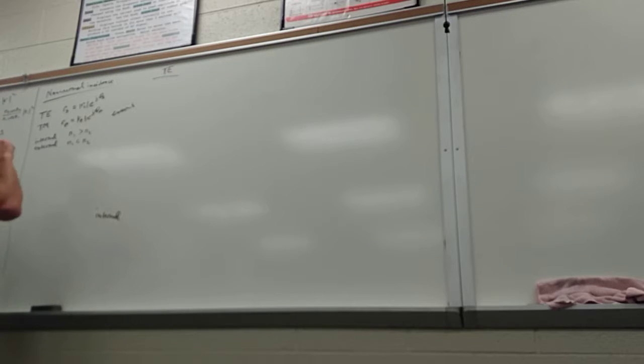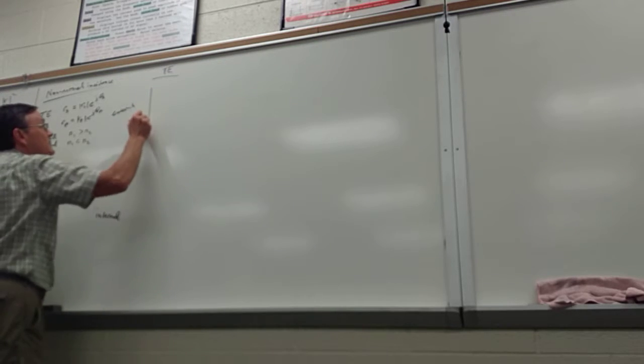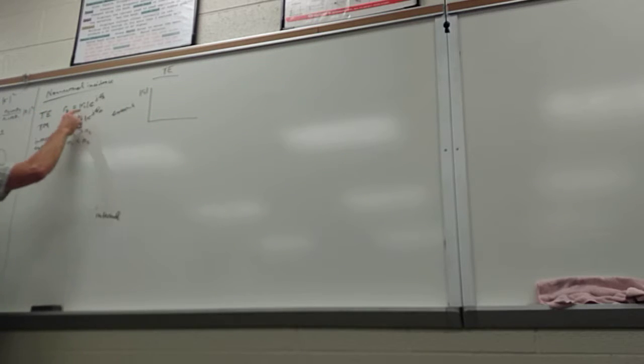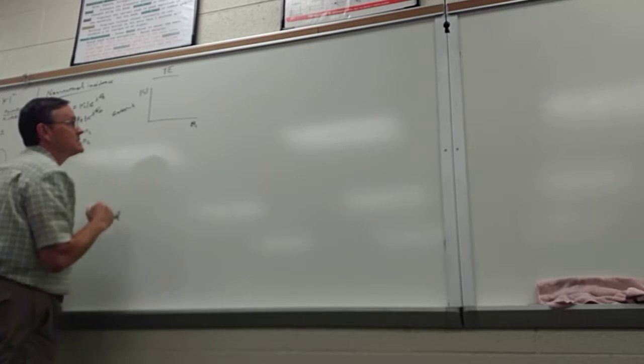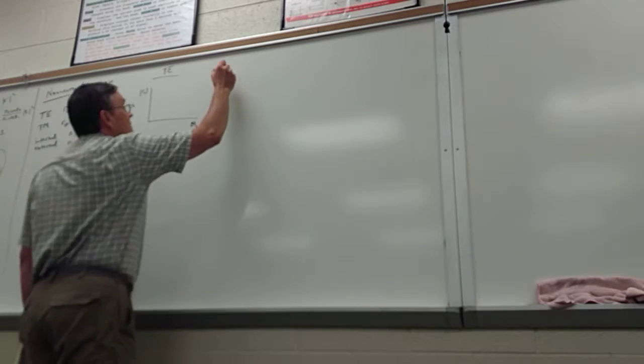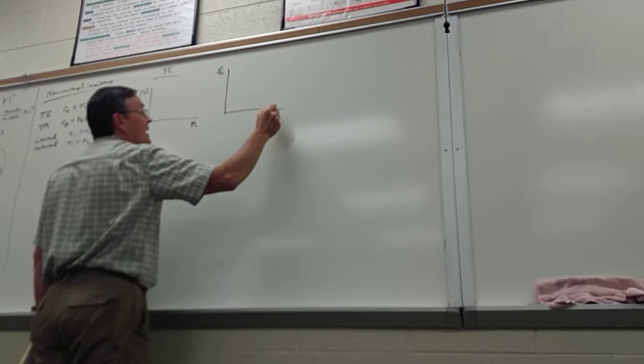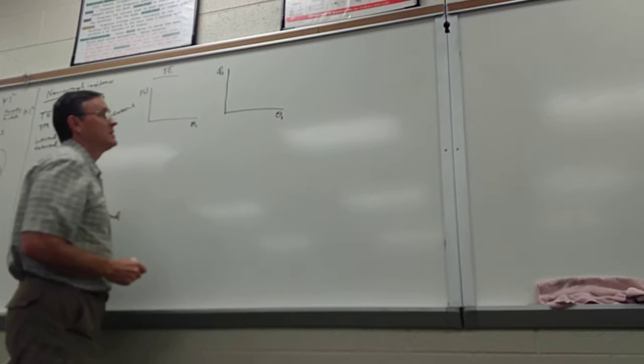And what we want is to look at the magnitude of RS, this piece, as a function of incidence angle. And we want to look at the phase as a function of incidence angle.